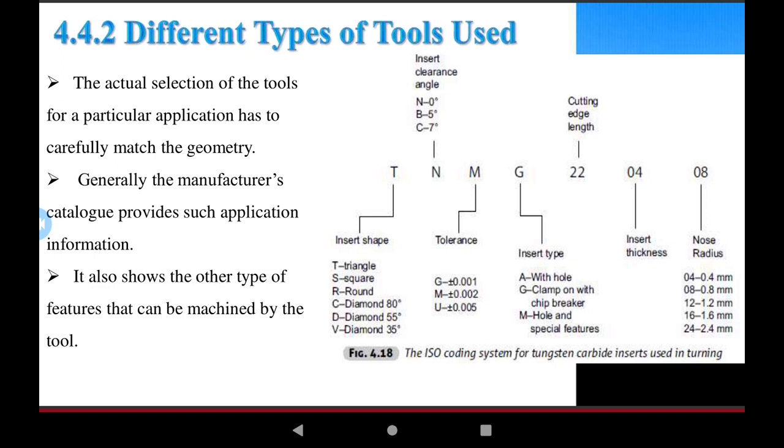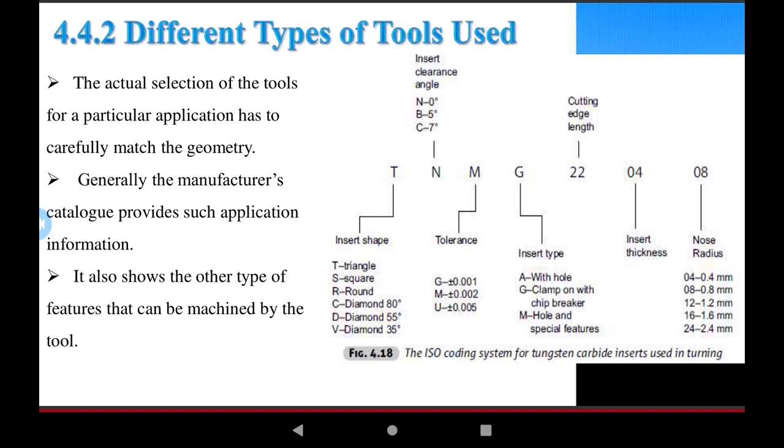Carefully match the geometry of the tools for very fast cutting operation, the velocity of the tools and the cutting speed, and the machine rotates the workpiece in rpm, size of machines and other parts.